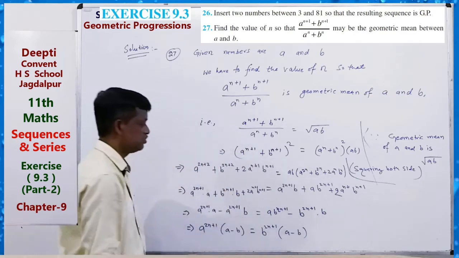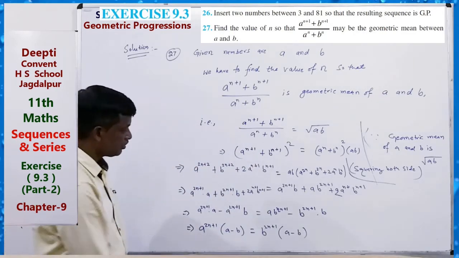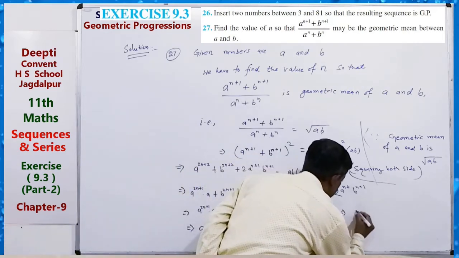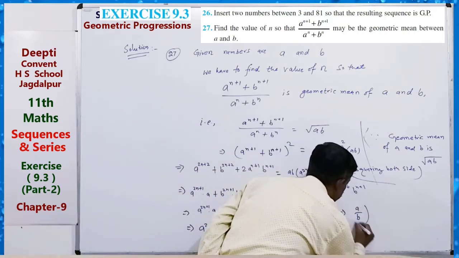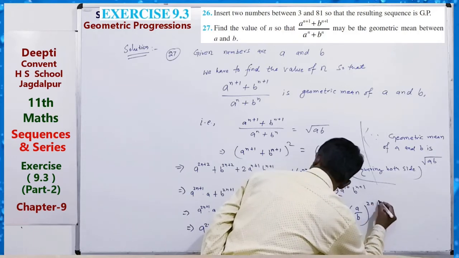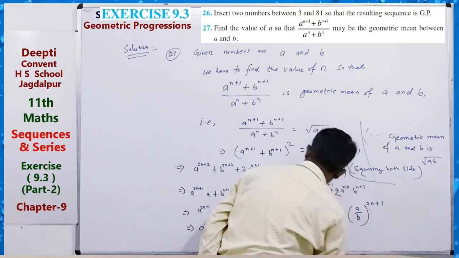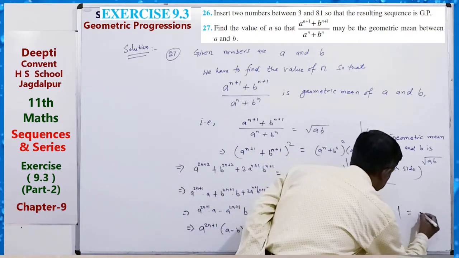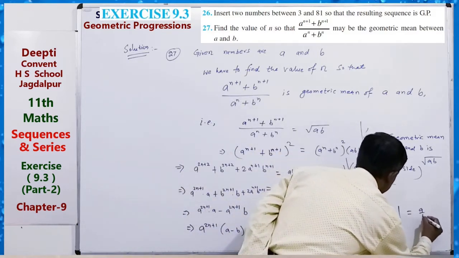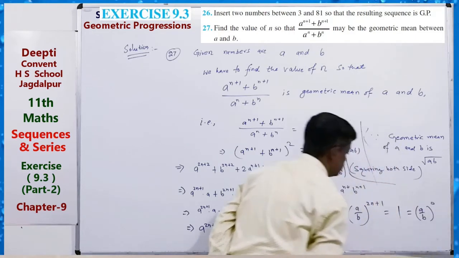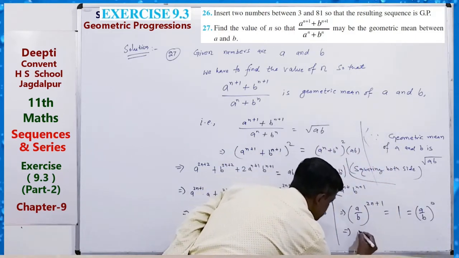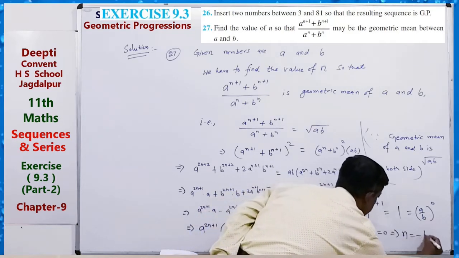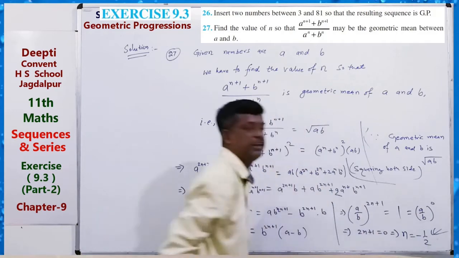So a minus b cancels out. Then we get a by b to the power 2n plus 1 equals 1, which can be written as a by b to the power 0. Same base, so 2n plus 1 equals 0, which implies n equals minus half. So this is the value of n.